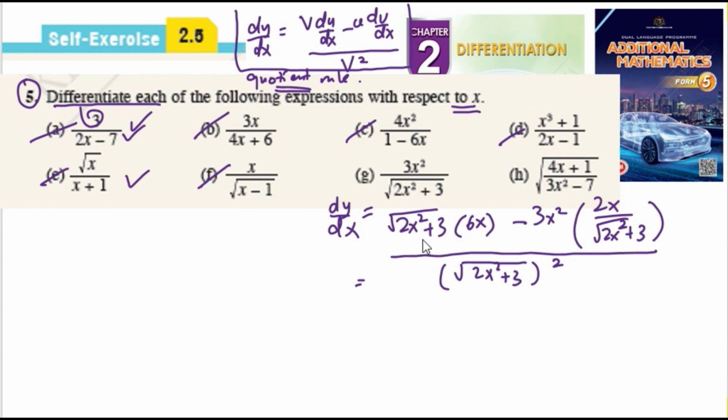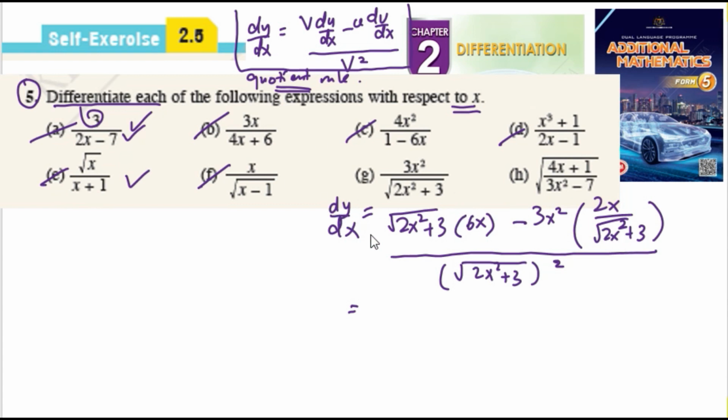So here in this case, same as the previous, when we have a square root in the denominator, we have to make it equal. Here you see we have a denominator of the square root of 2x squared plus 3. When you want to do the operation, you must make the denominators equal.